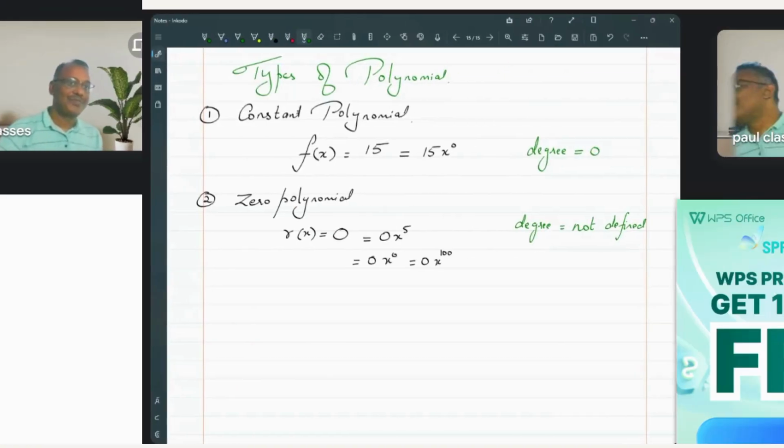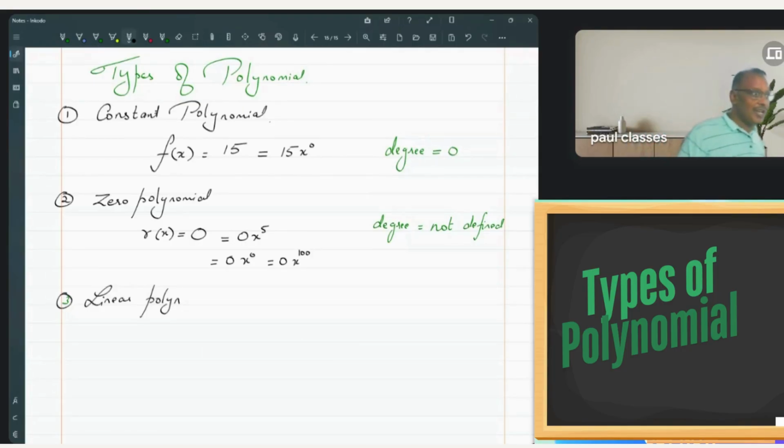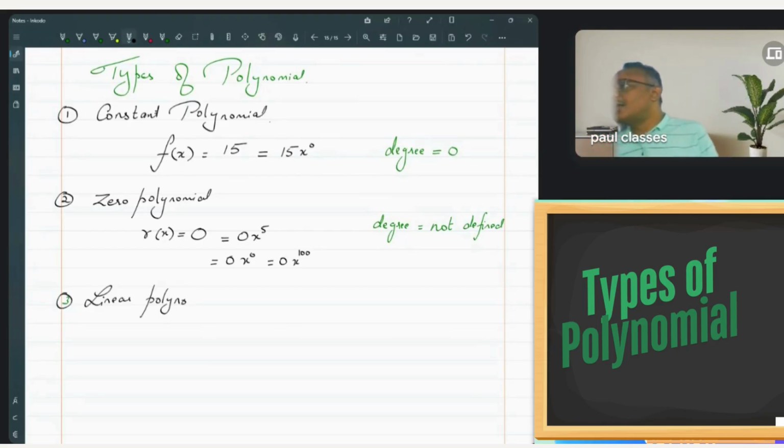There is a polynomial which is called a linear polynomial. Have you heard of this word linear? Linear equation in two variables, linear equation in one variable. What is a linear polynomial? It is this, say 7x minus 3.